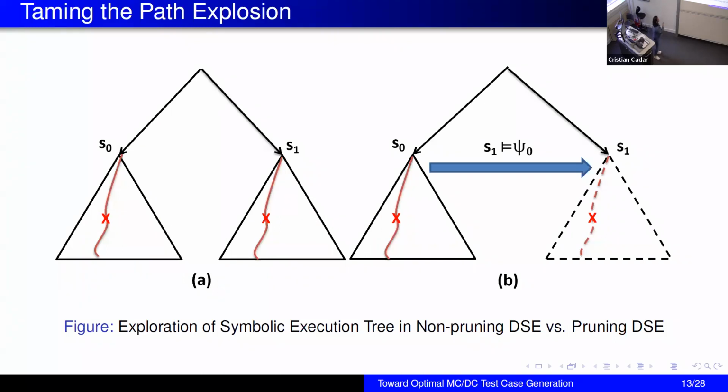Now we see the taming of path explosion. As we all know, path explosion is the major problem of symbolic execution. For this, we have used abstract learning. In this, we prune the already traversed trees.